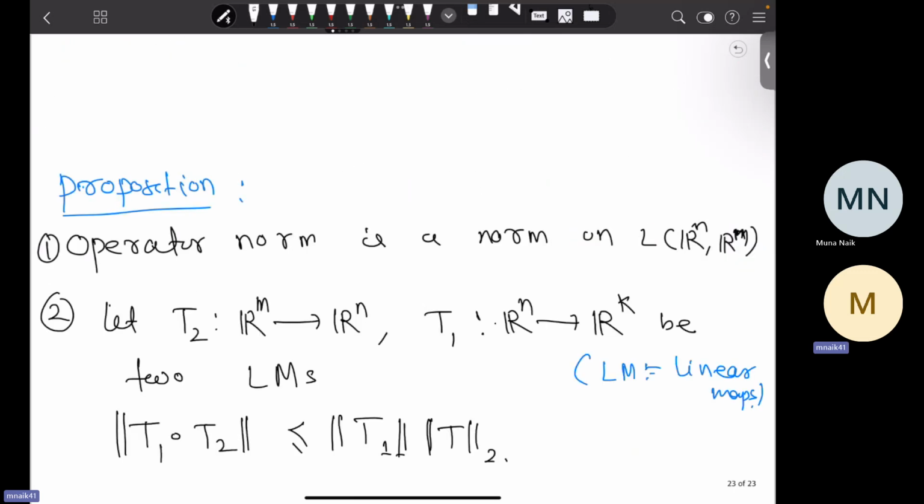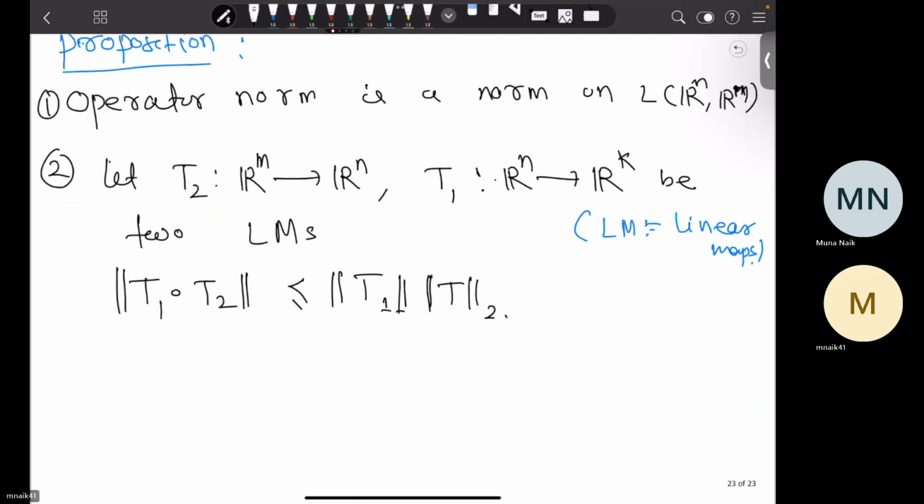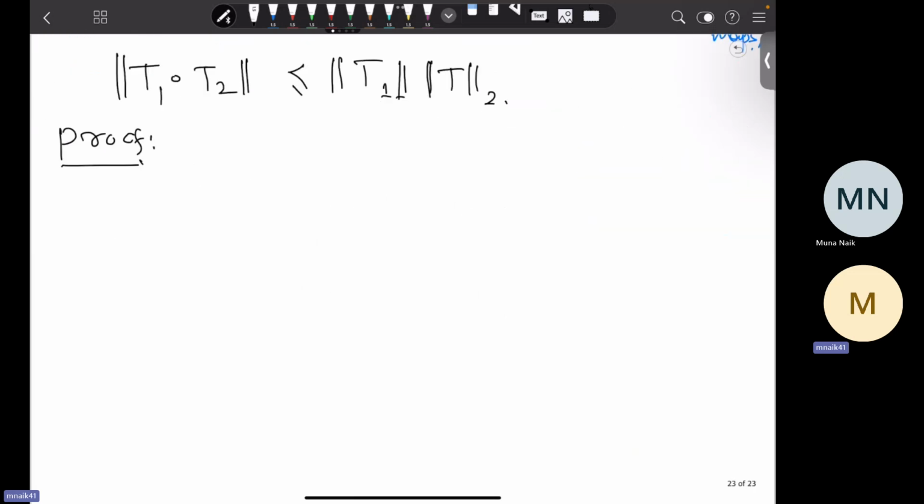So this proposition has two parts. So proof. First, suppose the norm of T is equal to 0. Clearly, by definition, the norm of T is greater than or equal to 0.